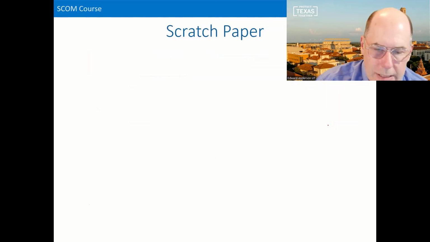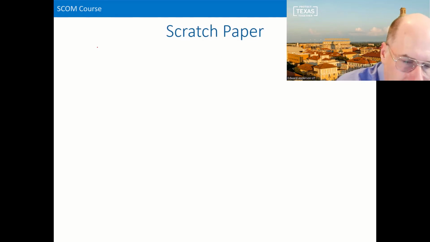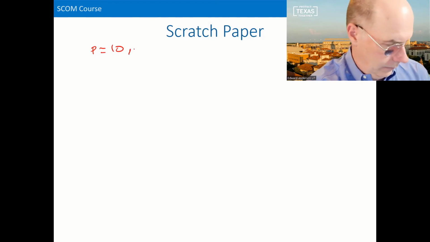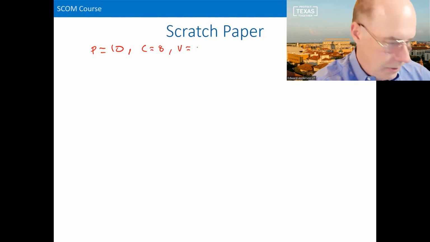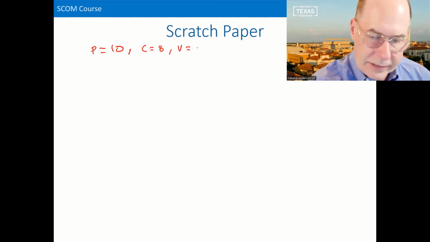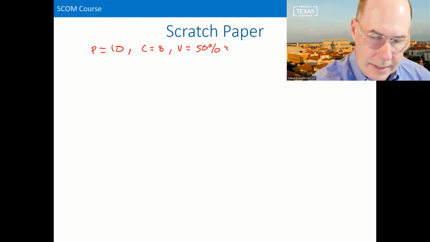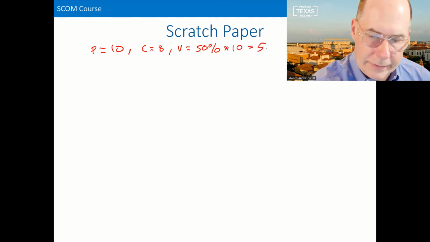And if we do that, our price equals 10, our cost that we pay to our supplier is 8, our salvage value is 50% times 10, which equals 5.